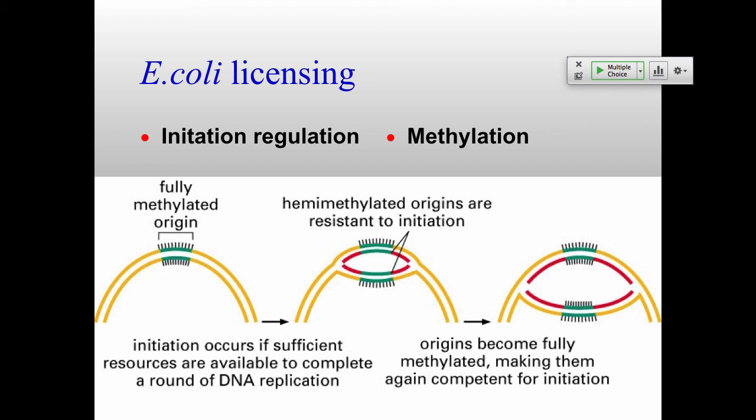Licensing. So I mentioned this before. In E. coli, you've got only one origin of replication. That's because you only have the sequences DnaA can bind to in one place in the genome. That's great, it's wonderful, but it's that one place in the genome. Once you've replicated that place, you've got copies of it. What do you do now?